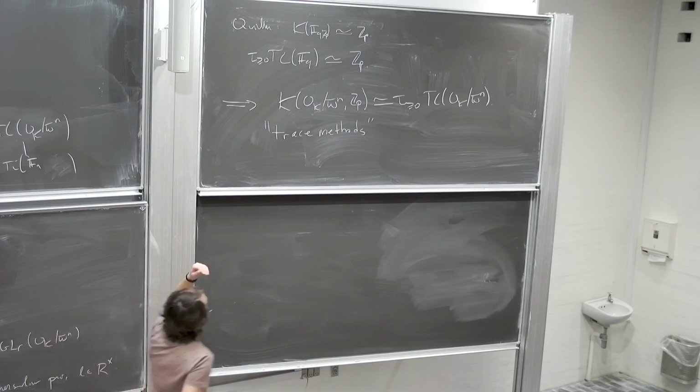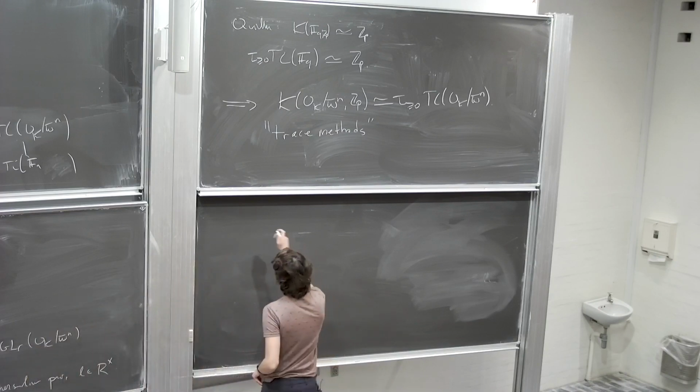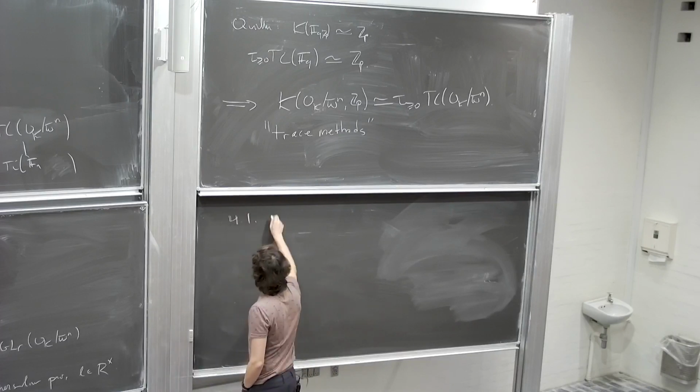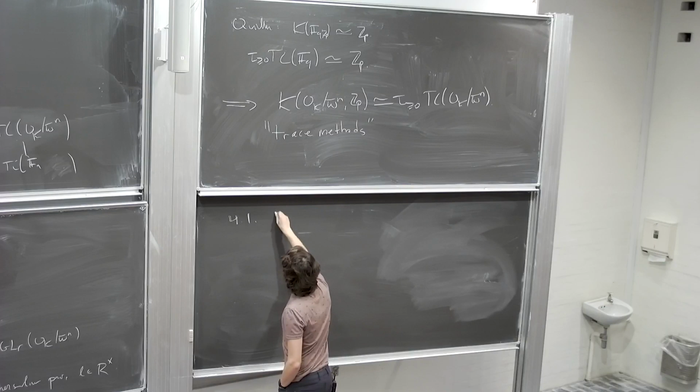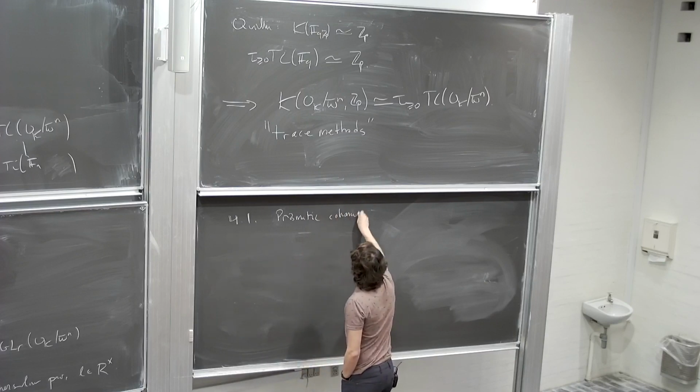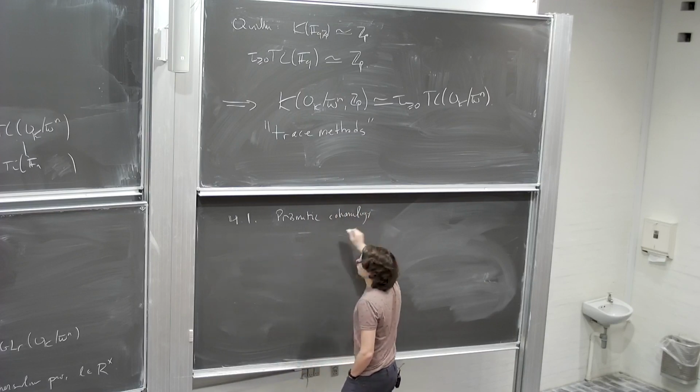So now we have to compute this TC. This is 4.1, prismatic cohomology and TC, 4.2.